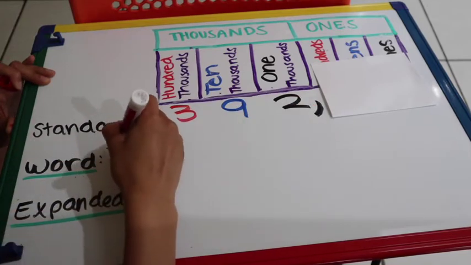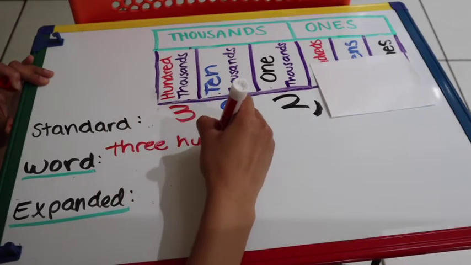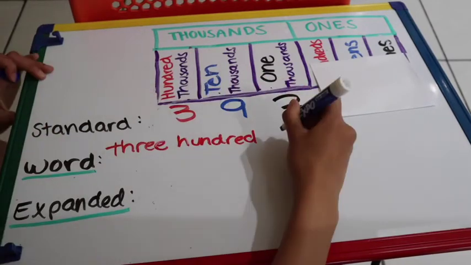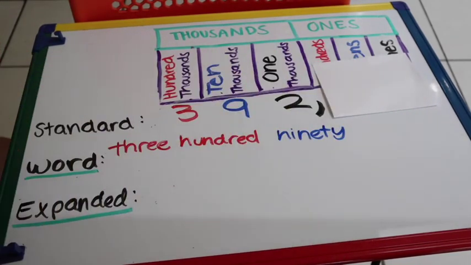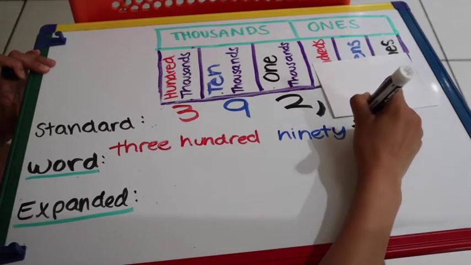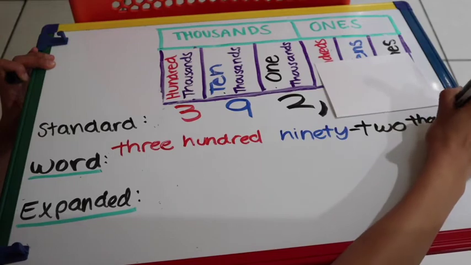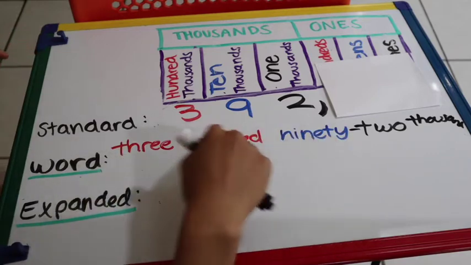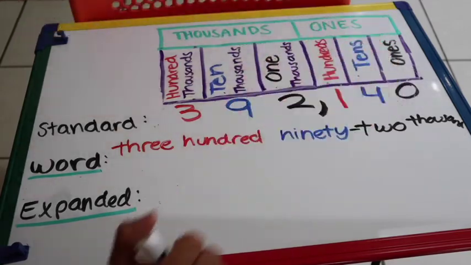Okay, so 300, 90, two, little dash, 92,000. Ran out of room. So 392,000.